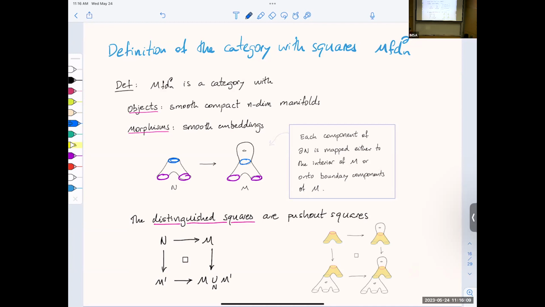One has to be a little careful about where the boundaries go. We also have control on what we are going to allow our distinguished squares to be. What we are seeing here is essentially just a pushout of manifolds. This is the general statement.